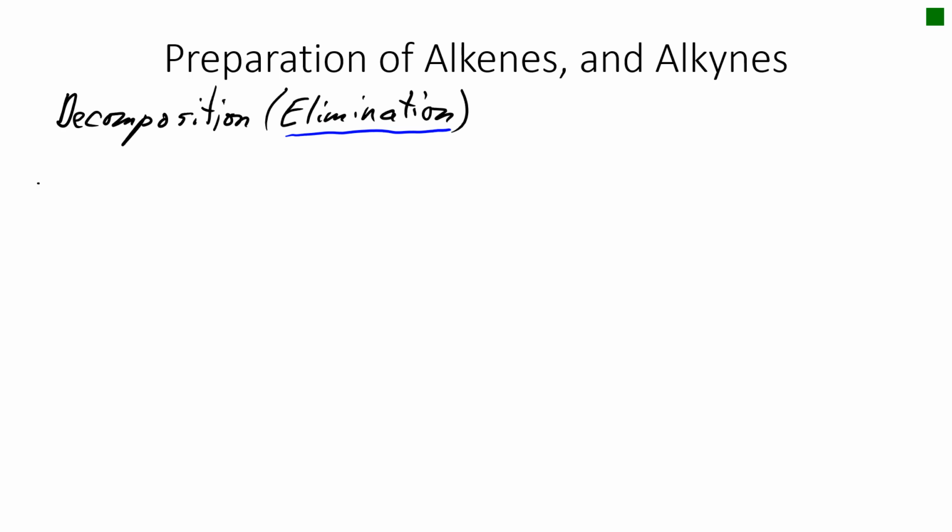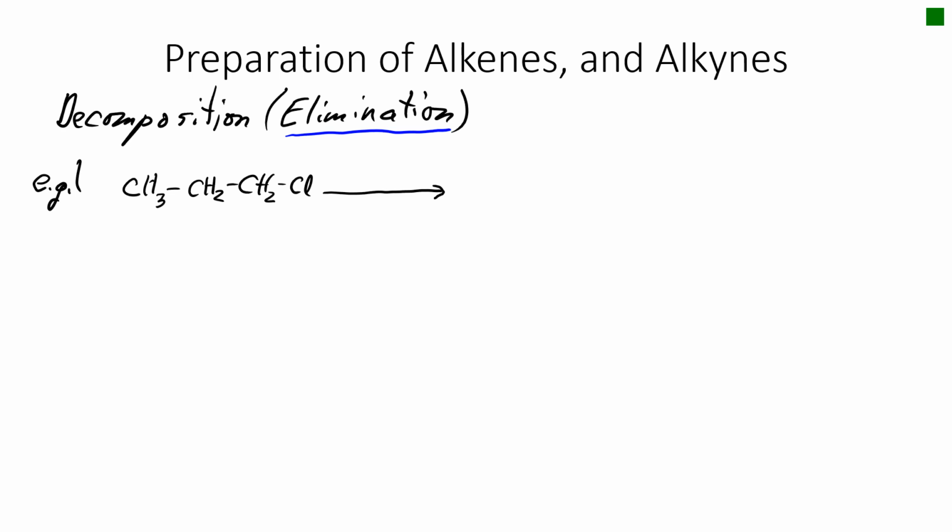So, example 1. One of the ways we can make this is we can take a chemical like CH3, CH2, CH2Cl, and because it's a decomposition, there is only one reactant.